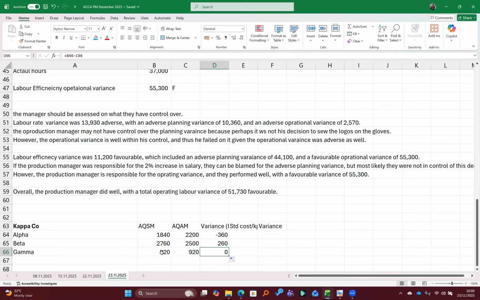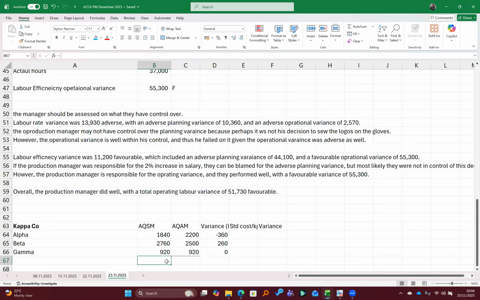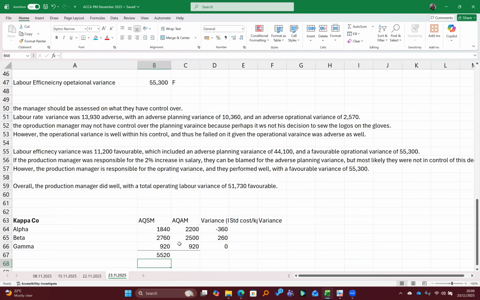And you have to sum these up. You can see from here that in total you used more, because we were supposed to use 5,520, but we used 5,620. So in total we used more.